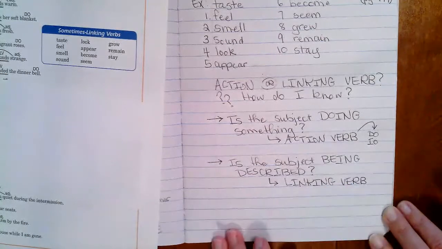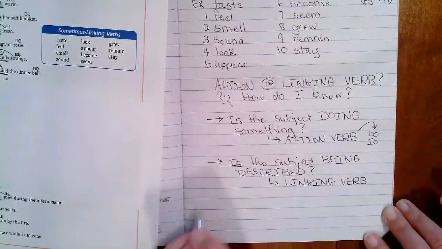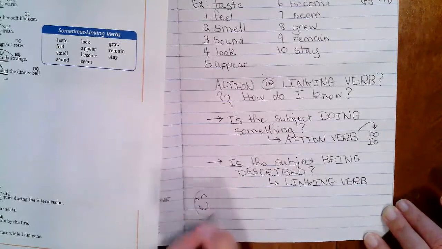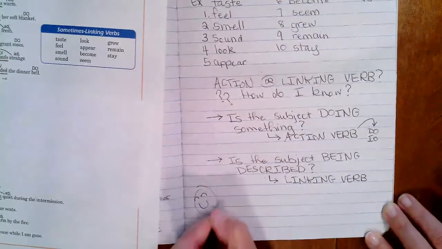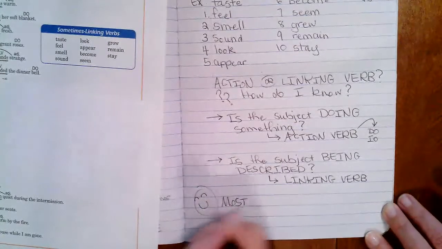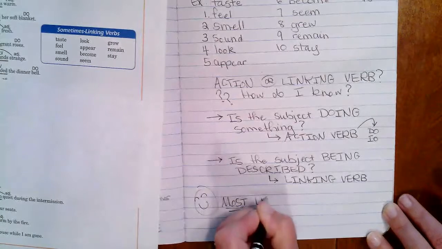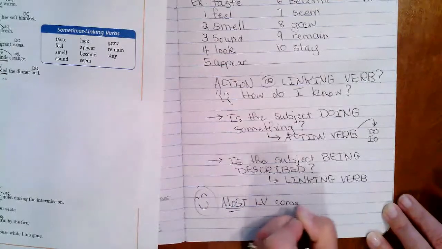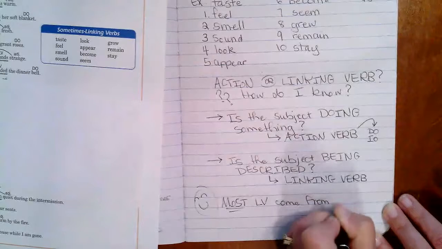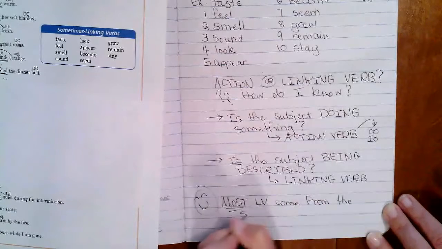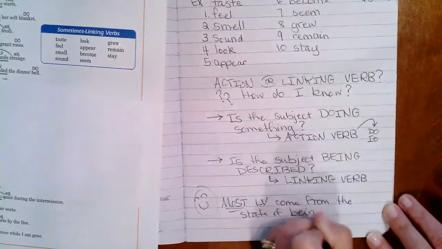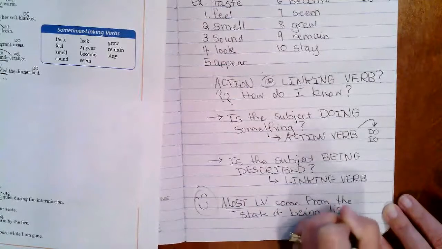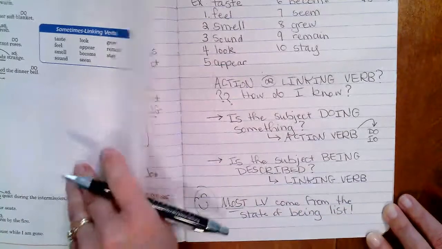All right. But here is what I want to make a smile come to your face when you think about. I want it to make you smile to know that most linking verbs come from the state of being verbs, or the state of being list, because if it's being a linking verb, it's not a state of being verb.